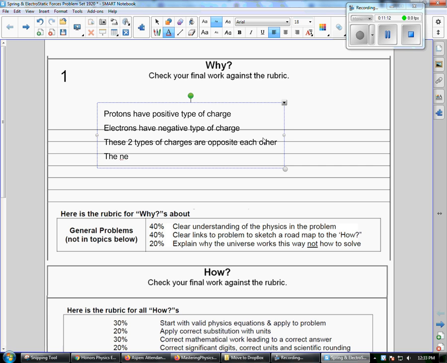The net charge is the total charge on the system due to all the charges combined.